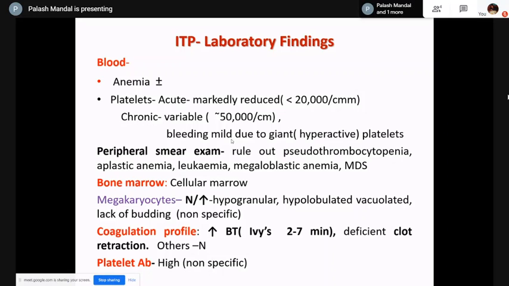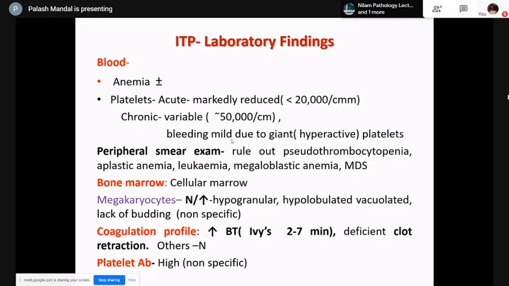We see the bleeding time is increased, whereas the coagulation time is normal. These days the coagulation time is not done. The more important tests done to see coagulation are the prothrombin time and the activated partial thromboplastin time, APTT.